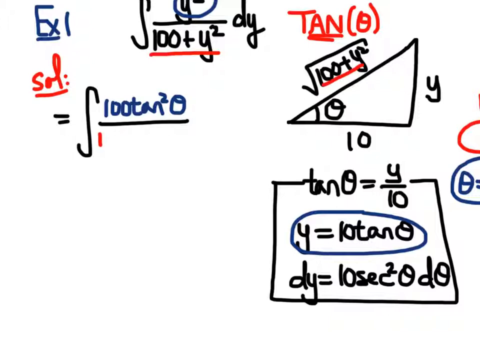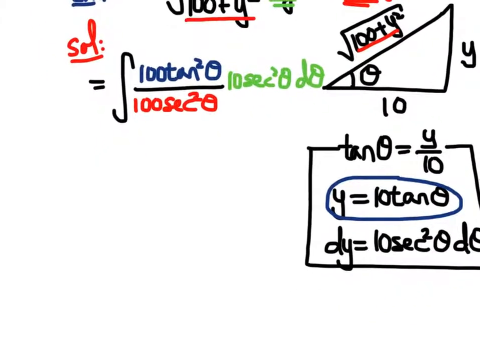Finally, dy is 10 secant squared of theta d theta. So we used our triangle to make a complete substitution from the y variable to theta, and our new integral is only in terms of theta.